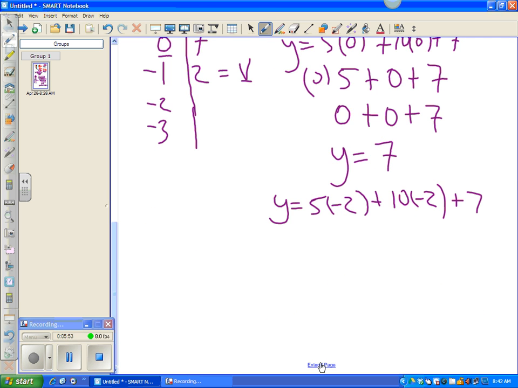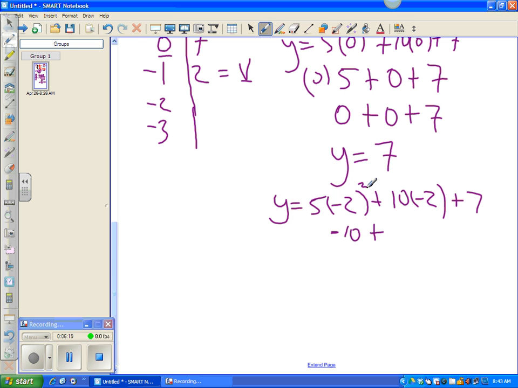This can be interesting because people always get freaked out by this. Oh, sorry, I did that wrong already. This should be squared. That's why it didn't look right.